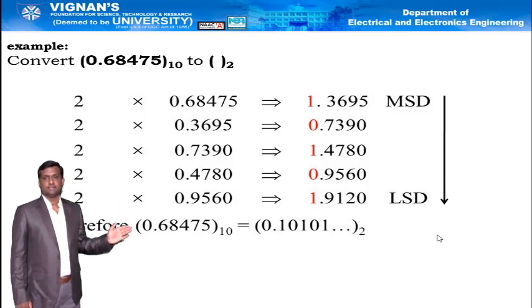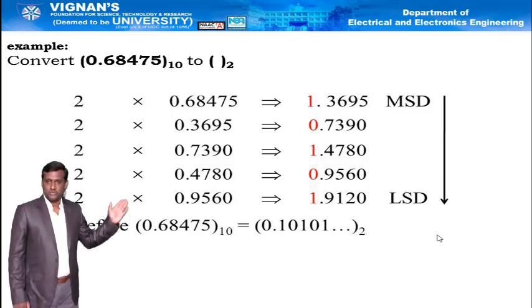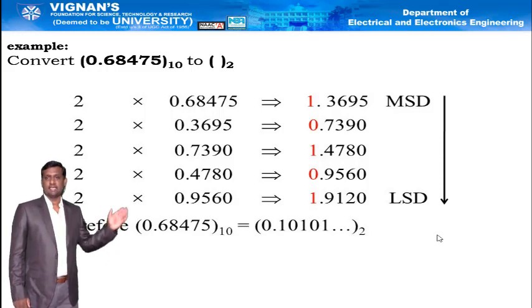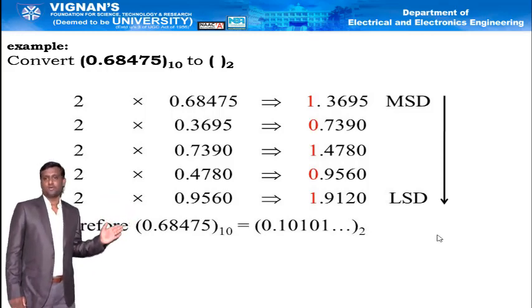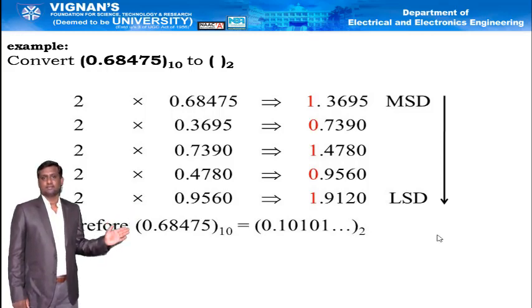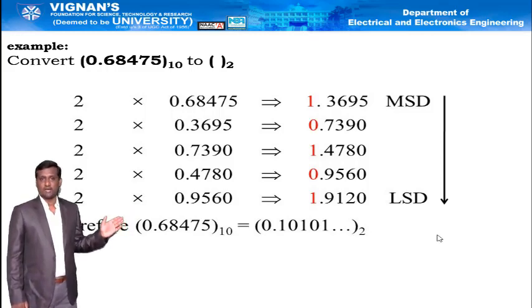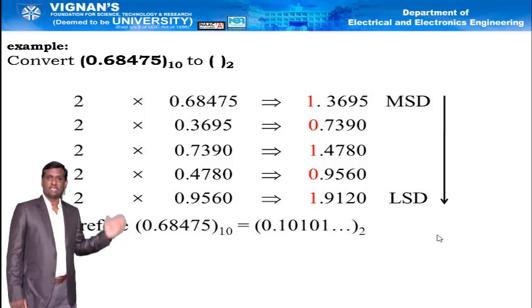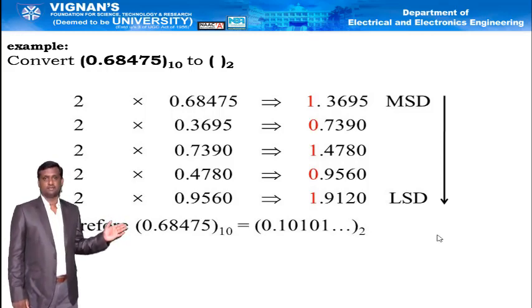Like that, continue the procedure for 3 to 4 steps and take the integers from top to bottom and note down that integer part. That is called the equivalent binary number for the given decimal number.